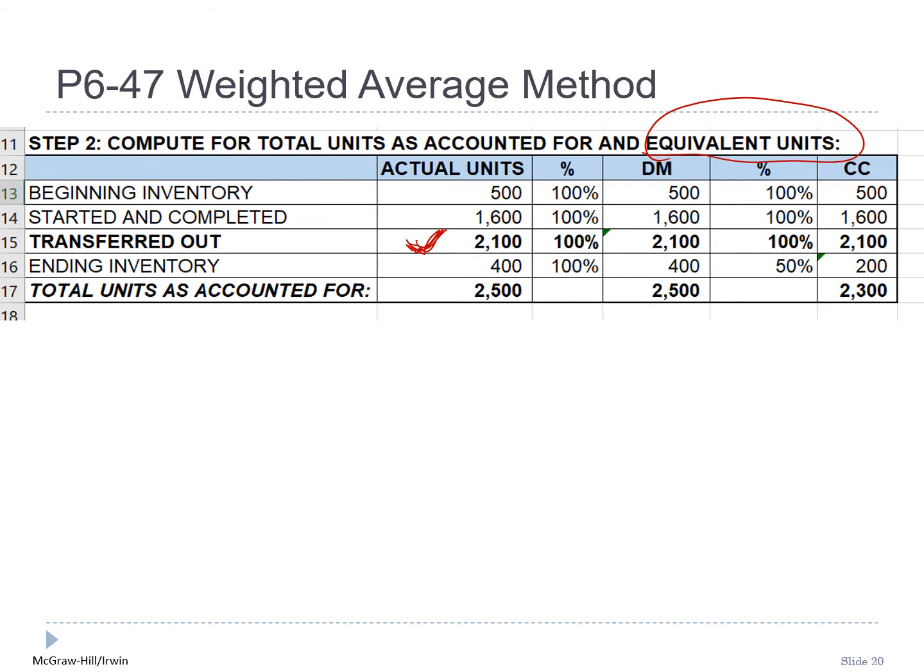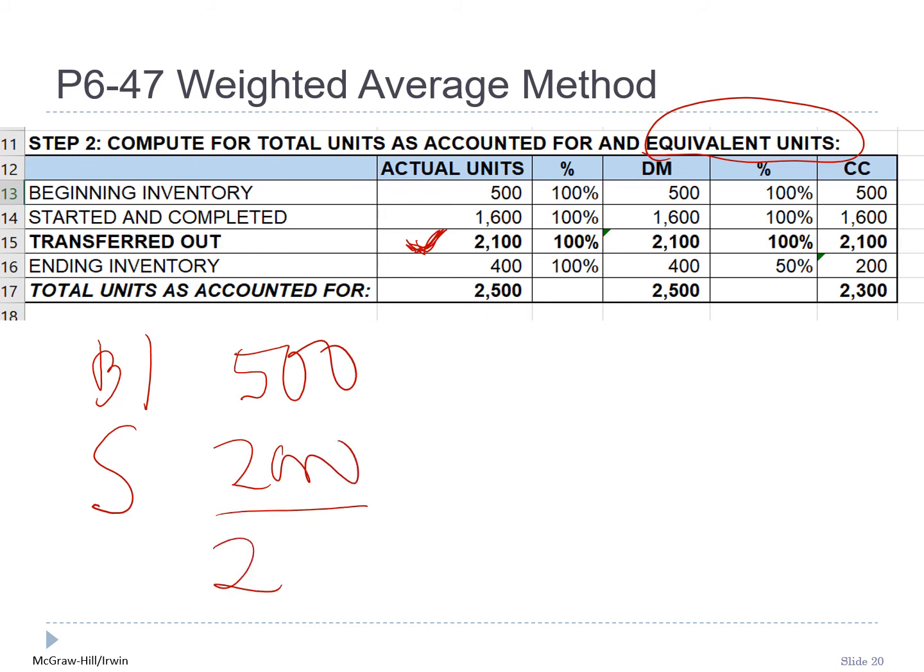Ngayon, kung 2,100 yung transferred out, may beginning kang 500, so ibig sabihin, yung 1,600 manggagaling dun sa units started. Di ba dun sa step 1, meron lang tayong beginning inventory, meron tayong started. So itong 1,600, kasi 500 to, ito 2,000, so 2,500 yan.